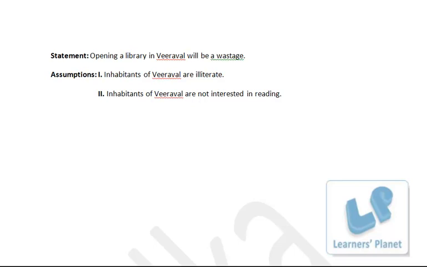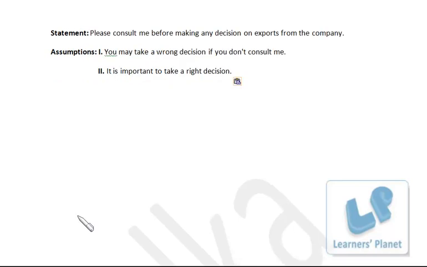I'm sorry, option D. Okay, now the statement over here: please consult me before making any decision on exports from the company. Maybe a senior person is talking to a junior person or junior official, and he's guiding that please consult me before making any decision on exports from the company, right?